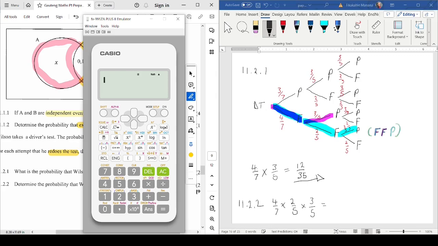First one is 4 over 7, times 2 over 5, times 3 over 5. That's going to equal 24 over 175. Now that is our final answer.